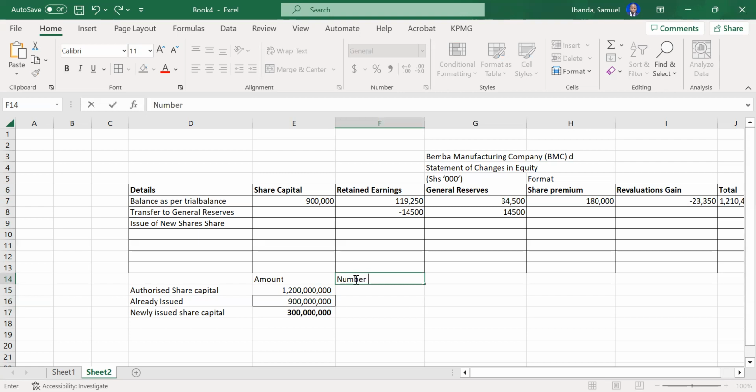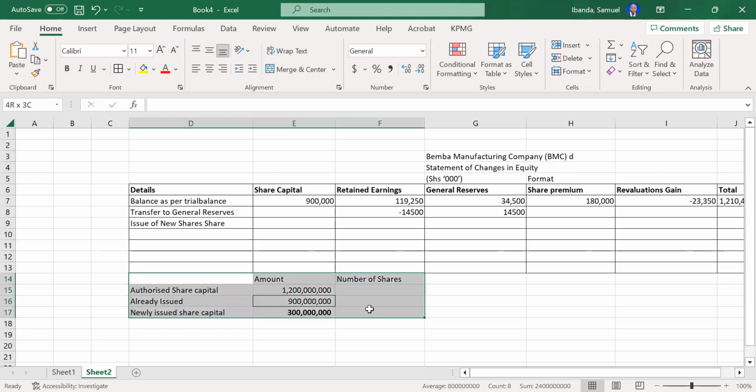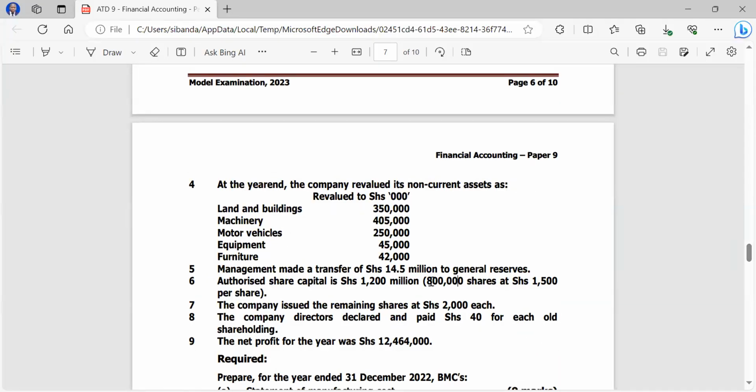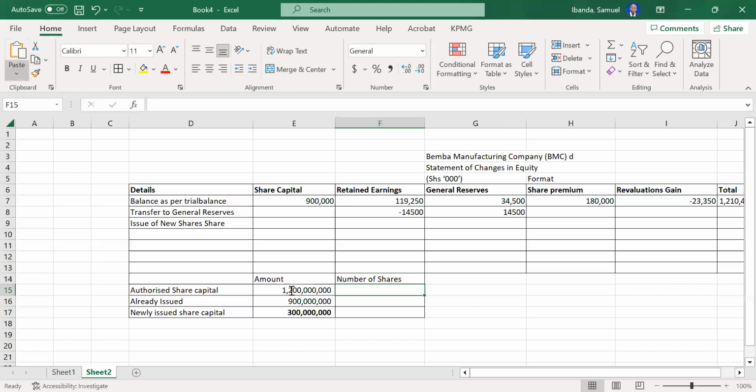Now we have the number of shares. The examiner has told us that there are 800 shares, so this is 800,000 shares.